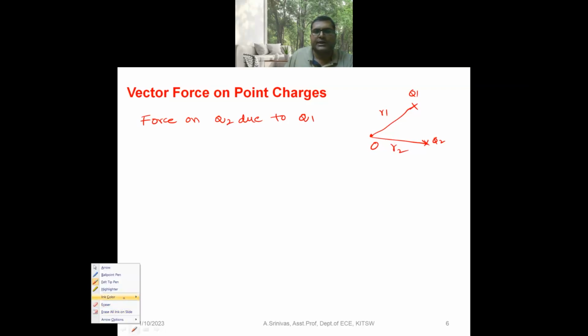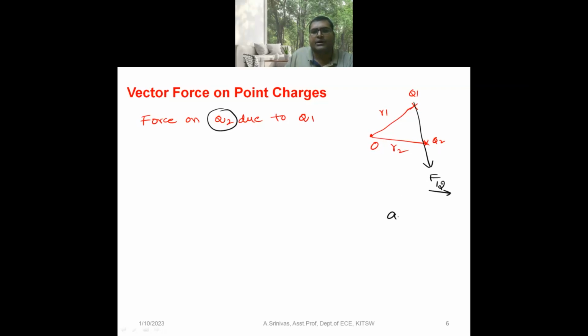At this moment, I am going to calculate the force on Q2 due to Q1. To calculate this, we require AR12 bar. Since it is the force on Q2, you can straight away consider the position vector R2 minus R1, and AR12 cap is equal to R2 minus R1 divided by the modulus of R2 minus R1.